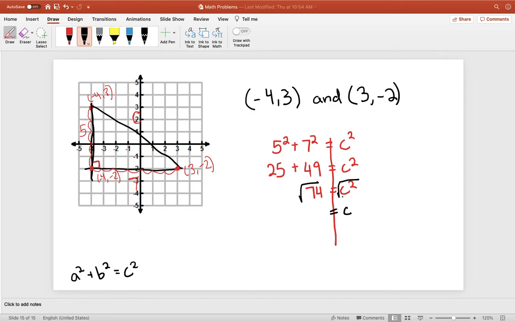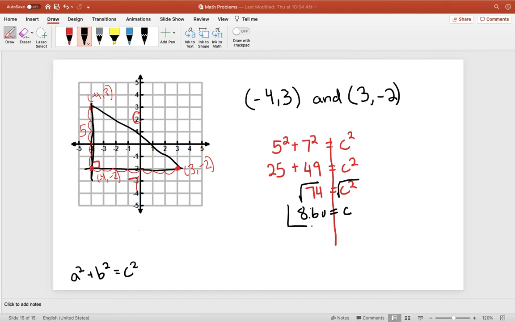Now I know that 8 times 8 is 64 and 9 times 9 is 81, so the square root of 74 is somewhere between 8 and 9. But I'm going to use a calculator and then round that answer to the nearest tenth. So the square root of 74 is 8.6. So the distance between those two points is approximately 8.6 units.